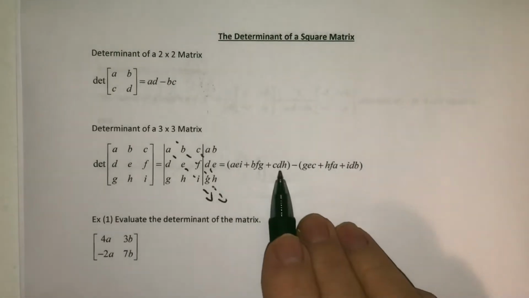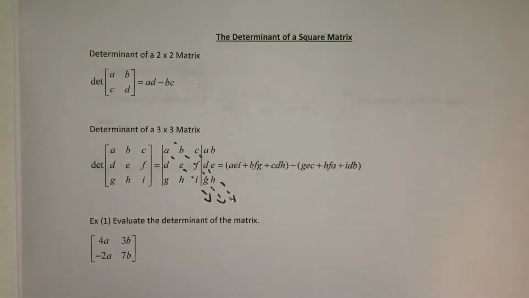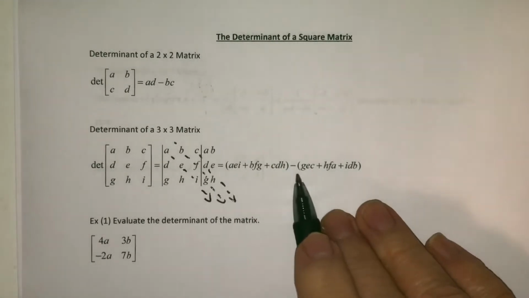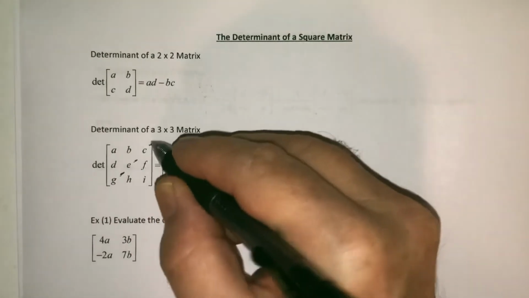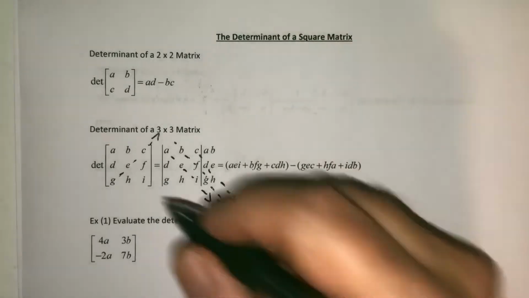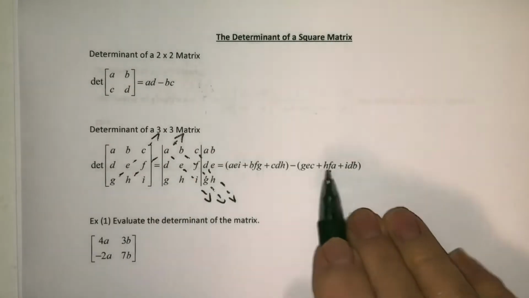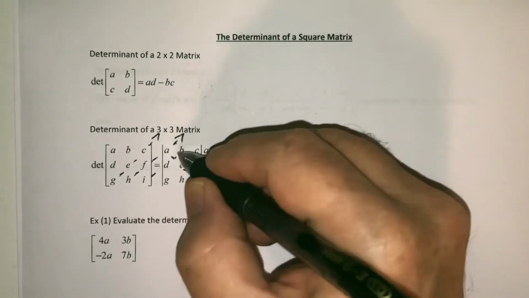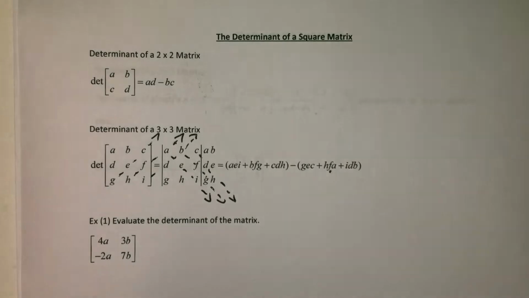Add those 3 diagonal products together, and then subtract from it the sum of the 3 going up: GEC, then HFA, and then IDB. And that's how you find the determinant of a 3 by 3 matrix.